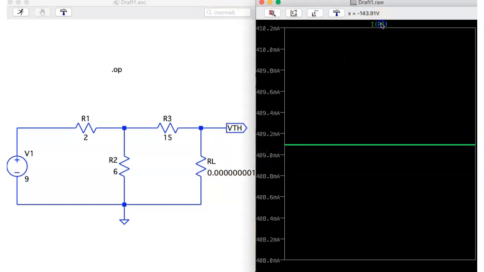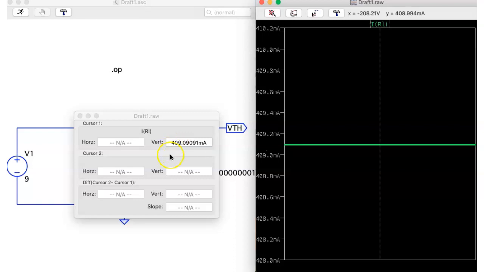So here click on this one. You can see the value of 409.09. It is the short circuit current. Now note down this value, and you have the value of the VTH. With these two values you can determine the value of the Thevenin resistance.